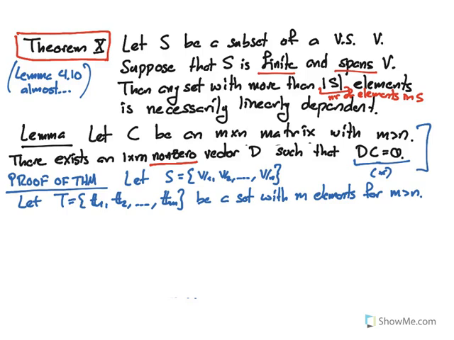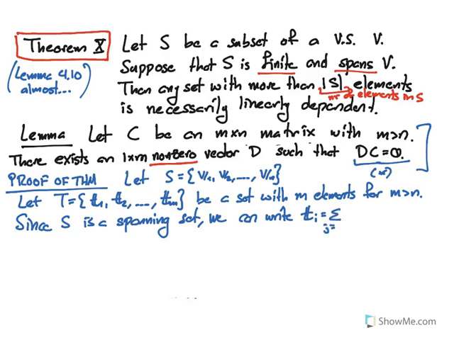All right, so now we need to use our assumptions. We need to use that S is a spanning set. So since S is a spanning set, we can write each vector Ti as a linear combination of the vectors Vj.